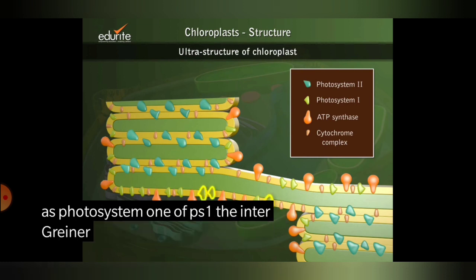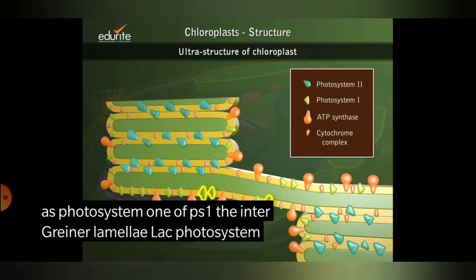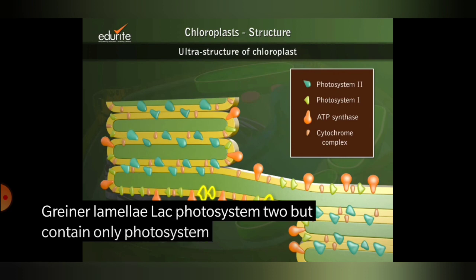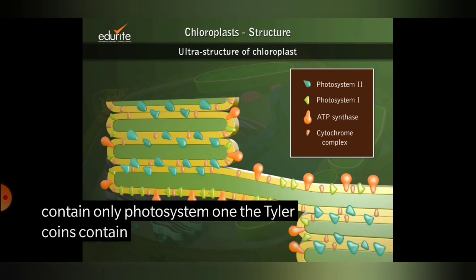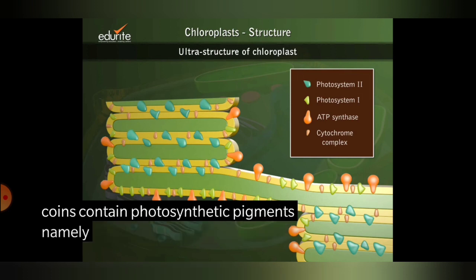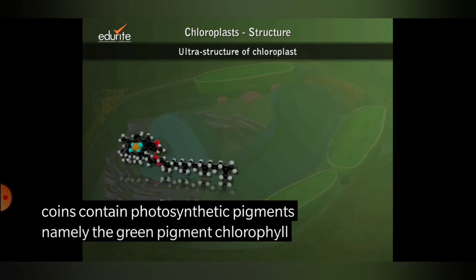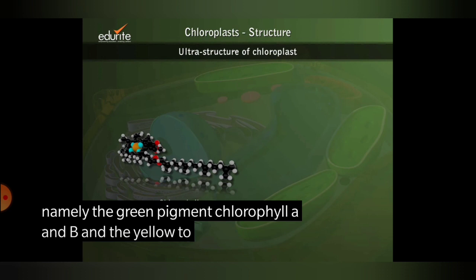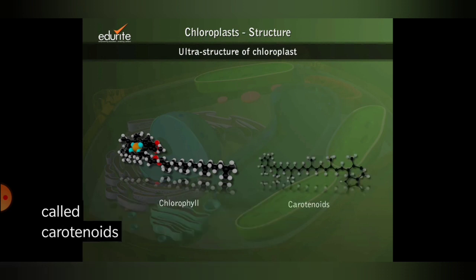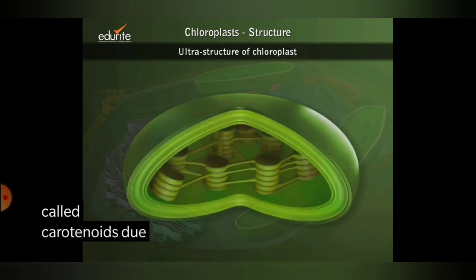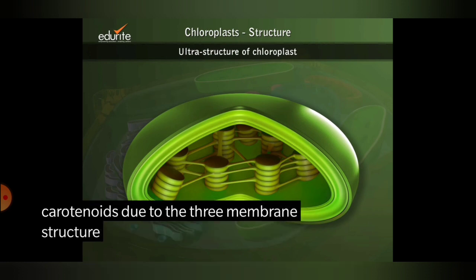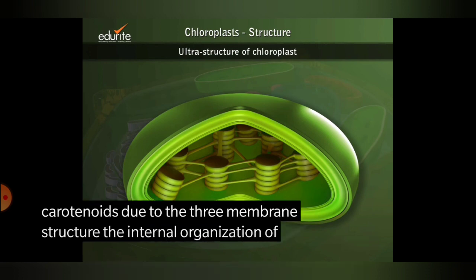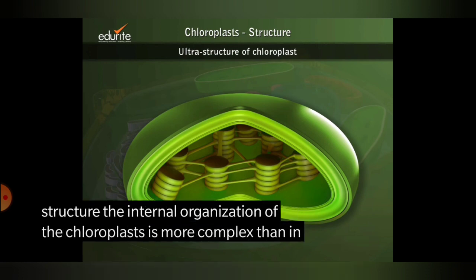The intergranal lamellae lack photosystem 2 but contain only photosystem 1. The thylakoids contain photosynthetic pigments, namely the green pigments chlorophyll A and B, and the yellow to red pigments called carotenoids. Due to the three-membrane structure, the internal organization of the chloroplasts is more complex than in other organelles.